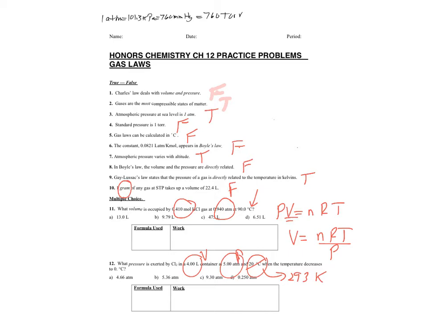This 4 liters is very interesting here because if you notice, they didn't mention the 4 liters again. That means that the volume in this problem didn't change. So the volume started off at 4 liters and ended up at 4 liters. So therefore, the 4 liters is a constant, and this problem is just about pressure and temperature. So this is Gay-Lussac's law because it's just about pressure and temperature.